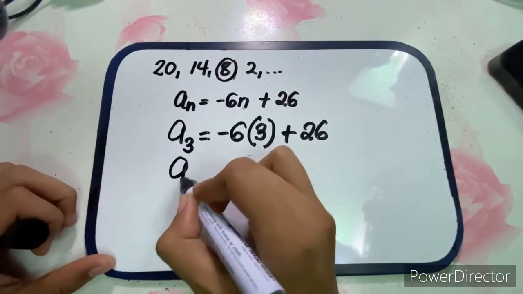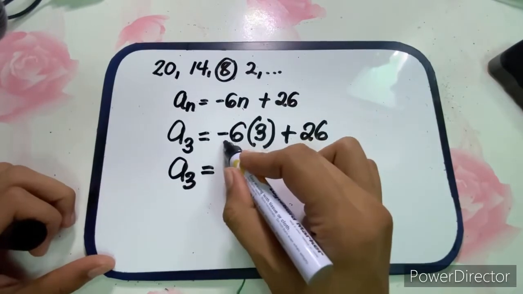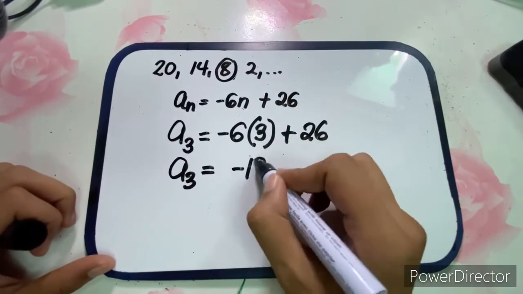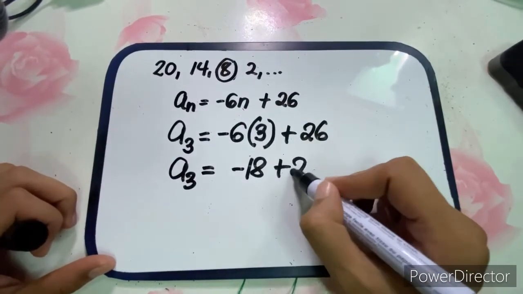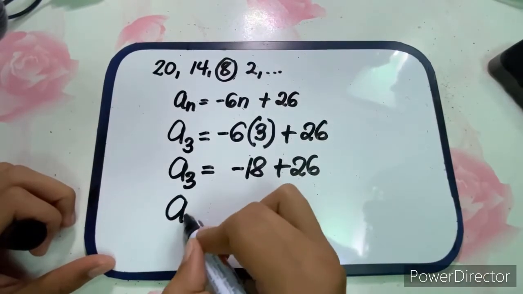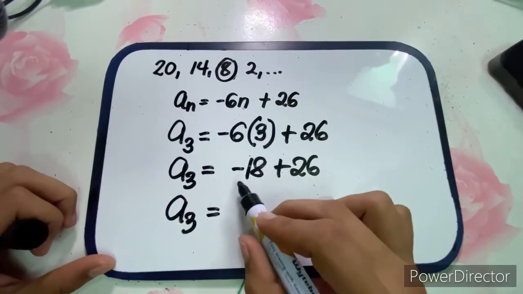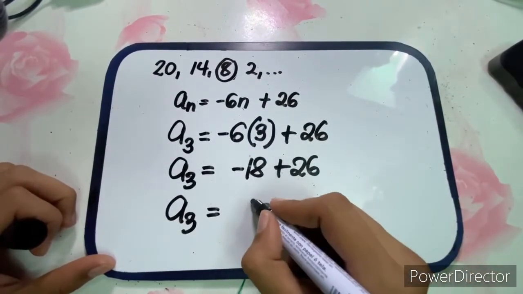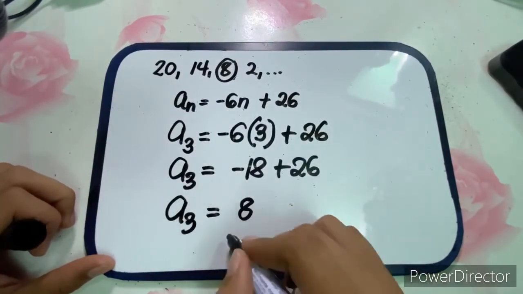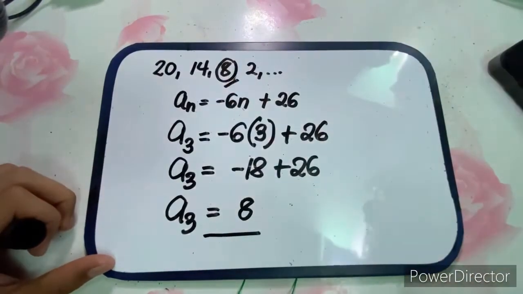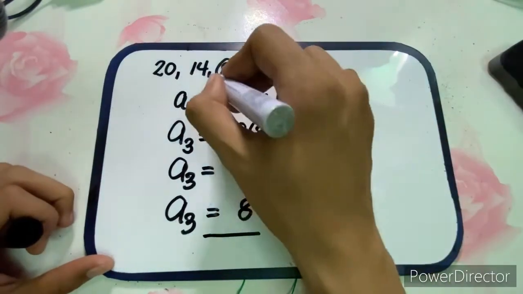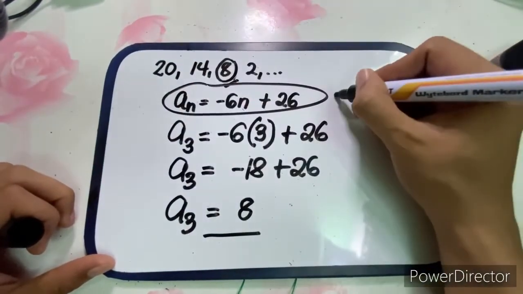So a sub 3 is equal to negative 6 times 3 is negative 18 plus 26. Then a sub 3 is equal to negative 18 plus 26. The answer is 8. So they are equal. So we have the correct explicit formula.